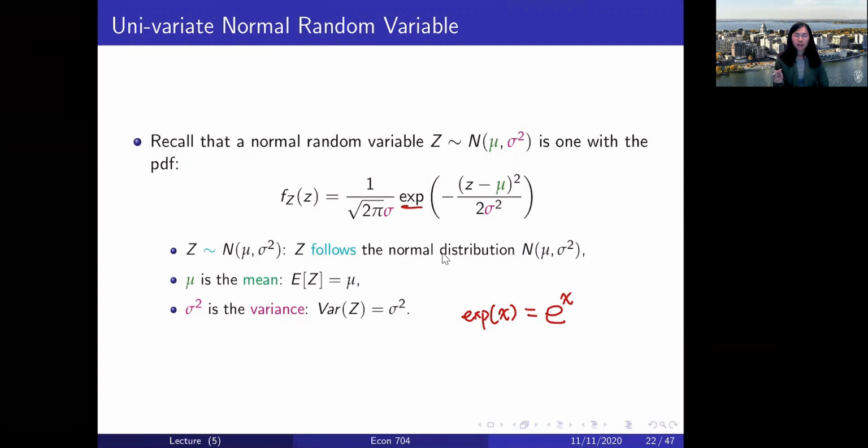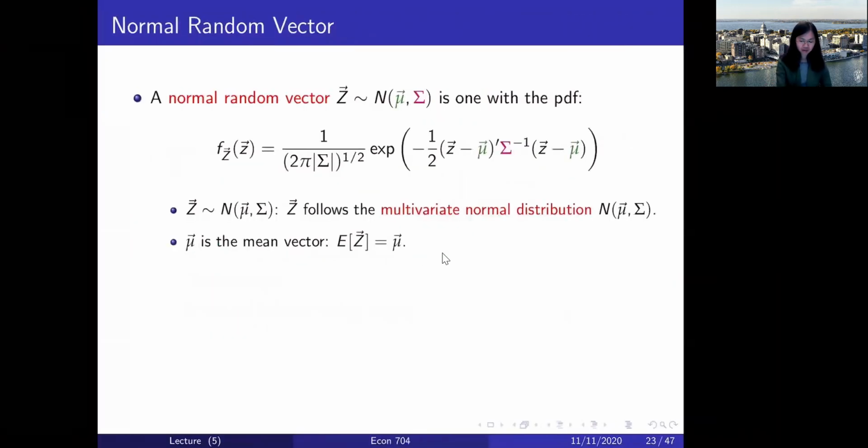A multivariate normal distribution is actually quite similar to this form. The distribution of a normal random vector Z is denoted by capital N of mu vector, sigma matrix.